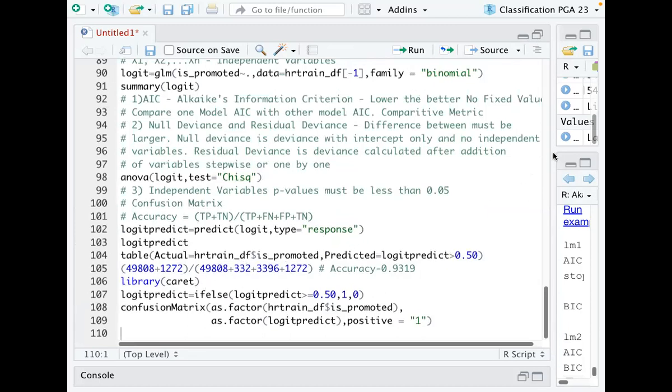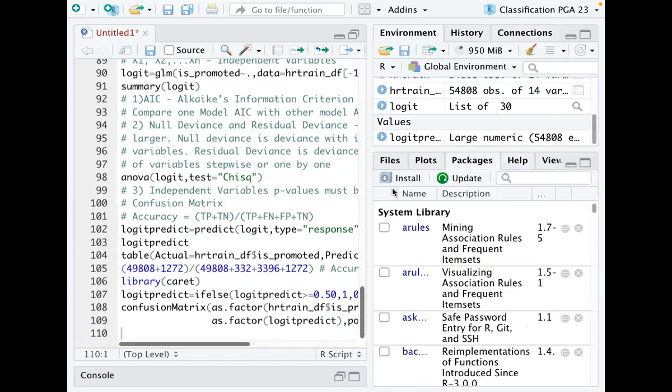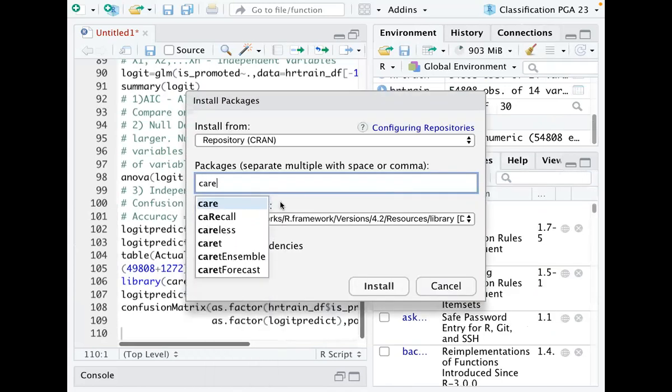Install caret. So go to packages, install CARET. It is a very important package. Click on packages, click on install, and then caret.